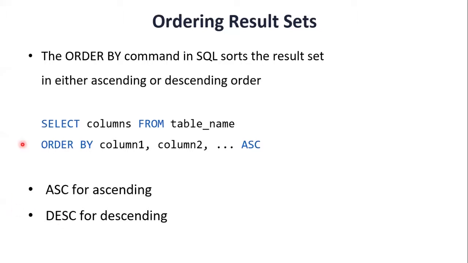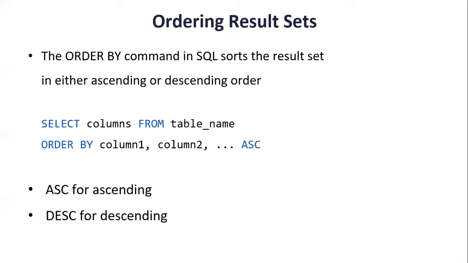So this is how we can write the order by query. We have a normal select query, select columns from the desired table, followed by this new keyword order by, and we can specify which column we want to sort the result by.